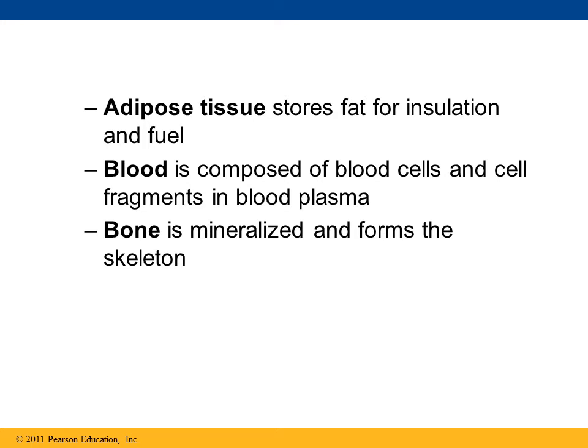The fourth type of connective tissue is adipose tissue or fat tissue, and this stores fat for insulation and for fuel. The next type of tissue is blood, and this is composed of blood cells and blood fragments from blood plasma. Now bone, which is a mineralized form, is also tissue.